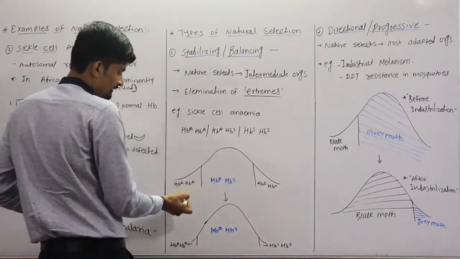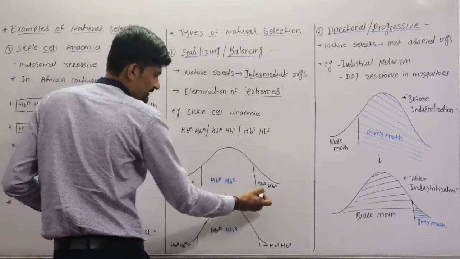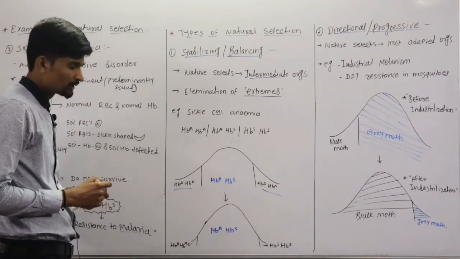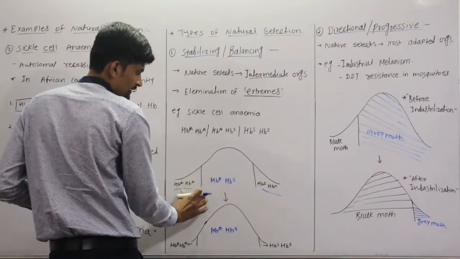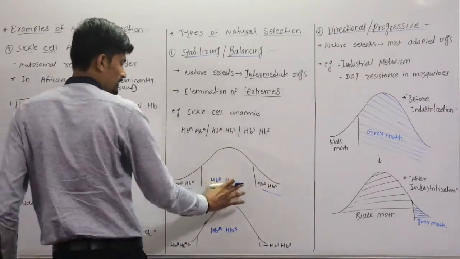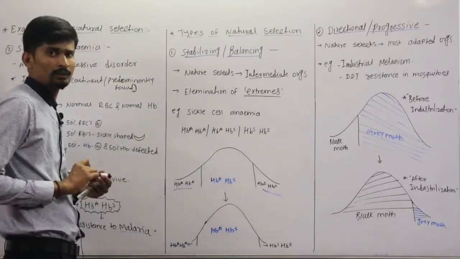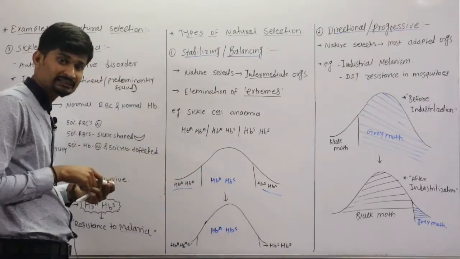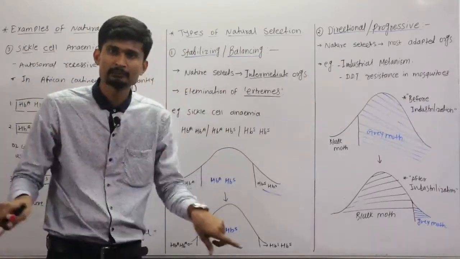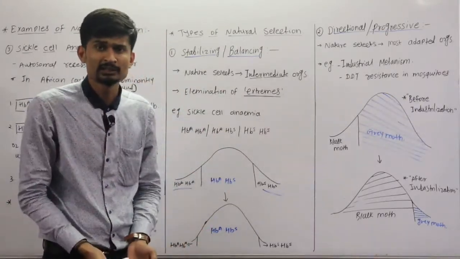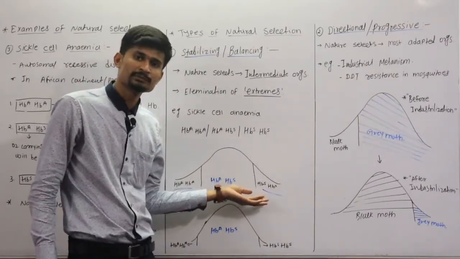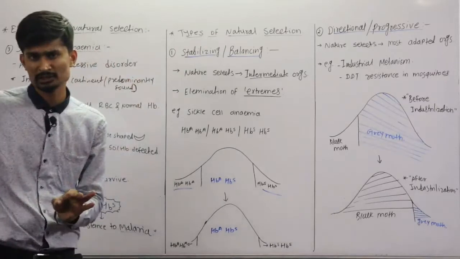So these are present at the 2 extreme levels, HbA HbA and HbS HbS, and the predominant one is HbA HbS. Nature selects HbA HbS and eliminates the extreme conditions. Now which are the extreme conditions? HbA HbA and HbS HbS are the extreme conditions.